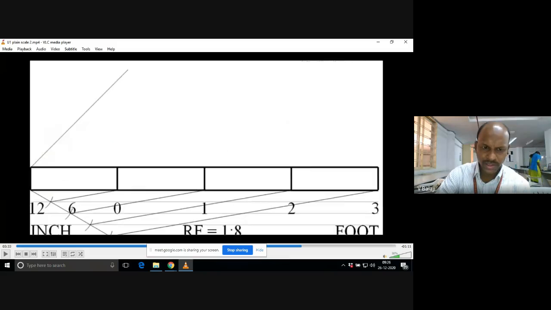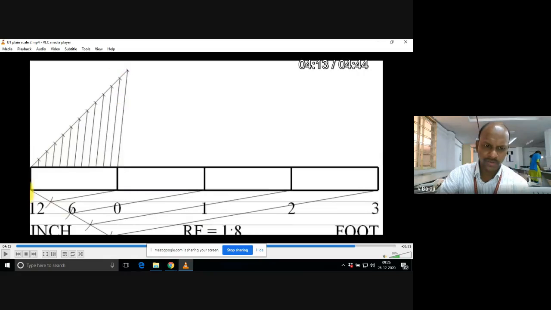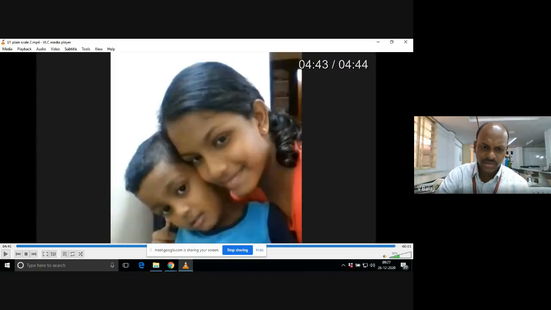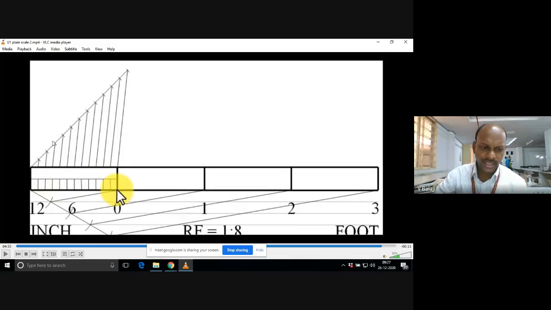The relation is between foot and inch. You divide this first part again into 12 equal parts. From 0, you need to name these divisions as 1 inch, 2 inch, from right to left. In this way, you can easily mark any value, for example, 1 foot 9 inches.